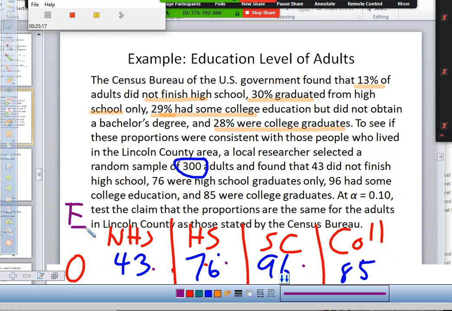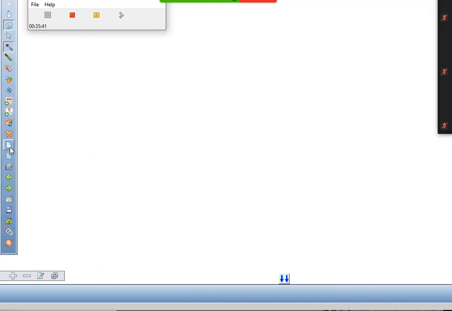My expected no high school, 13%, so 0.13. High school was 0.30. Then some college, 0.29, and college, 0.28.